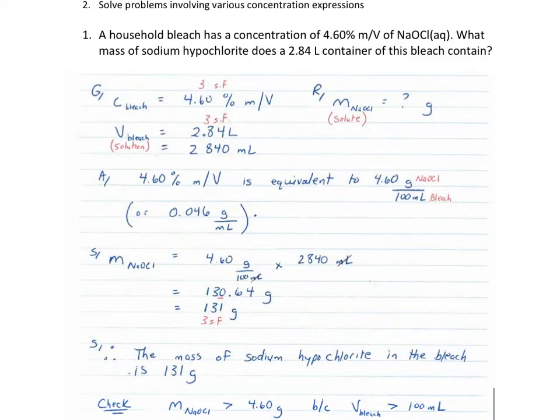So in looking at the first problem here, I'm going to highlight some of the key information for you. We've got the household bleach that has a concentration of 4.60% mass volume, and we want to find out the mass of sodium hypochlorite, so the mass of the solute, and we have 2.84 liters of the bleach.